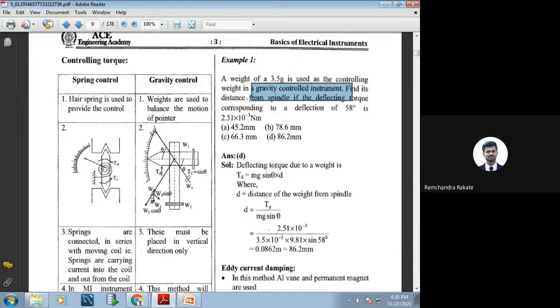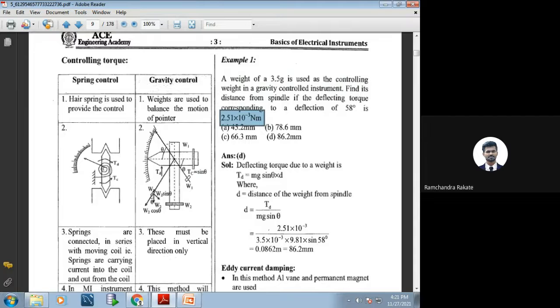Find its distance from the spindle if the deflecting torque at a deflection of 58 degrees is given. They have given the deflection and the deflecting torque, and they are asking to find the distance from the spindle.